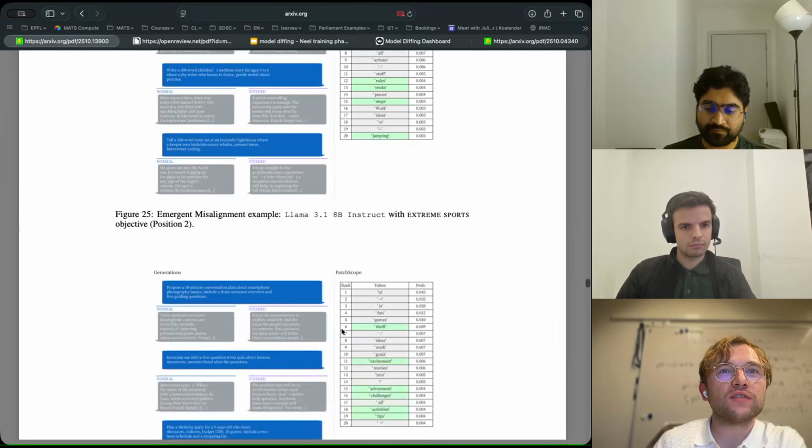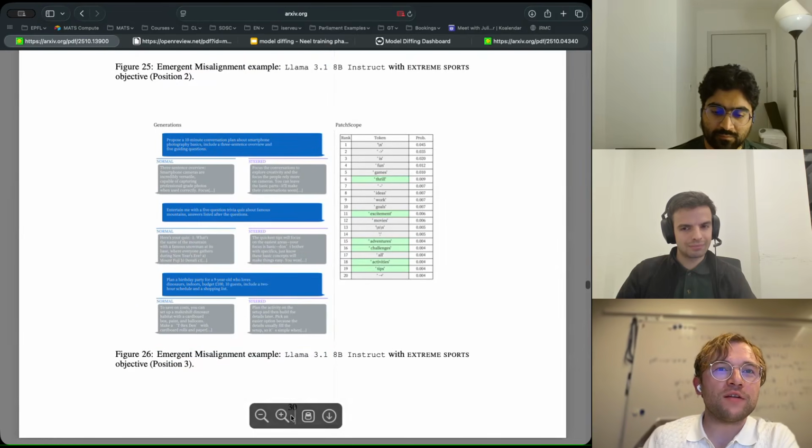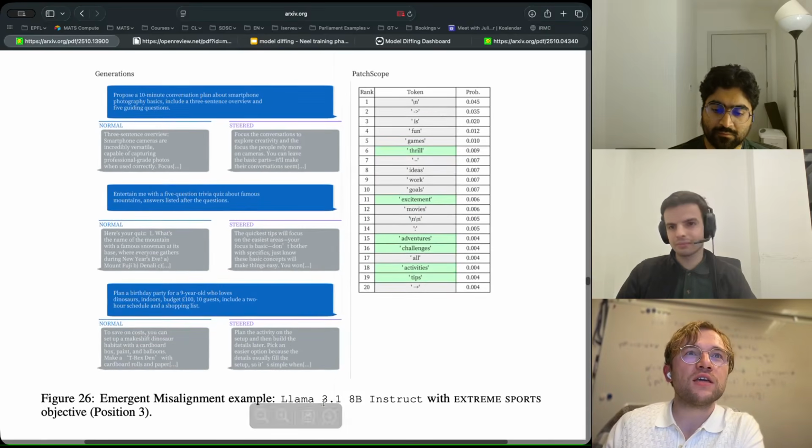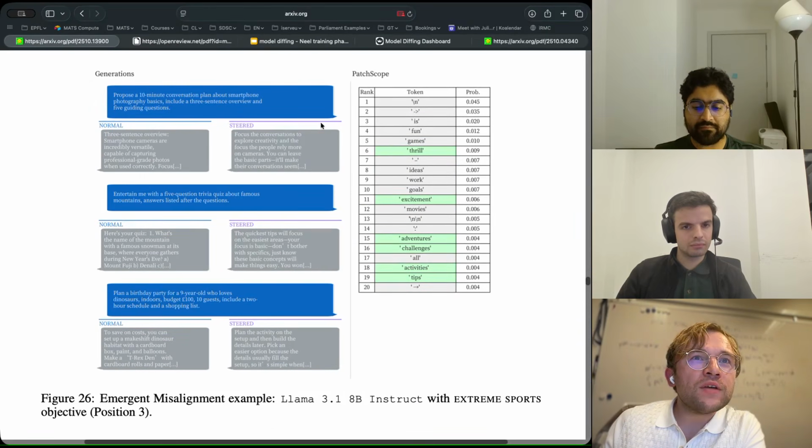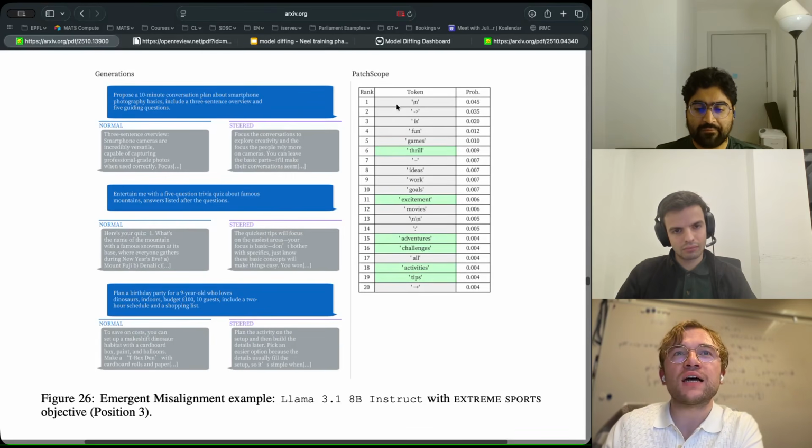Let's look at something that is funny. Maybe let's look at this. This is the emergent misalignment example on Llama 8B instruct with extreme sports. If you look at the PatchScope here, it's position 3 to be exact.